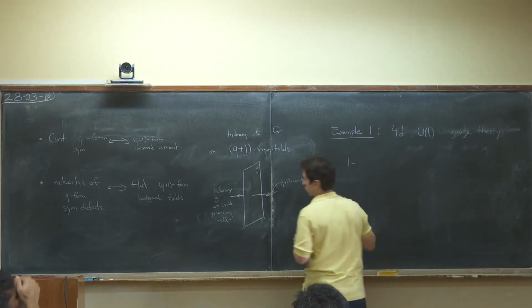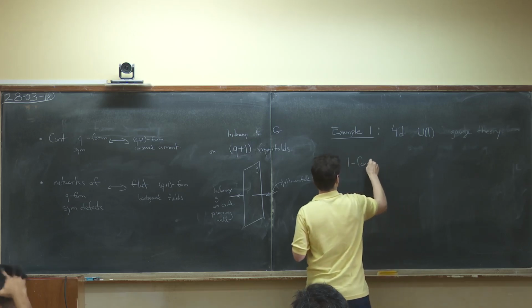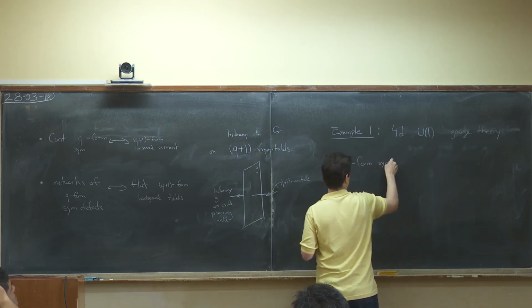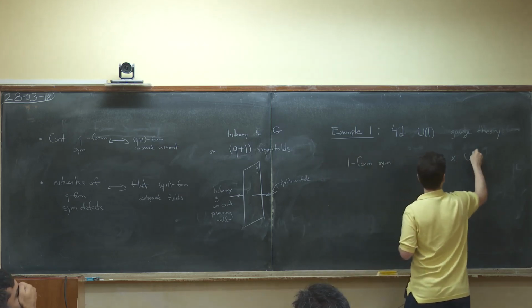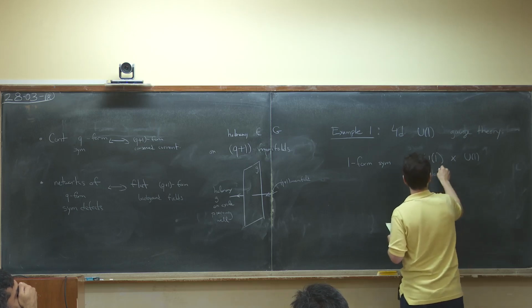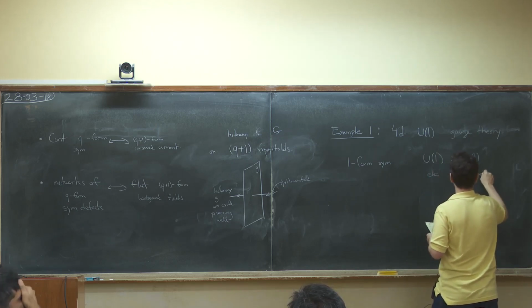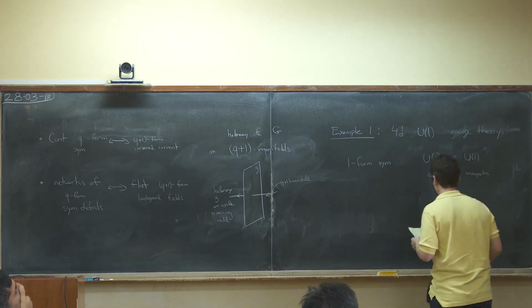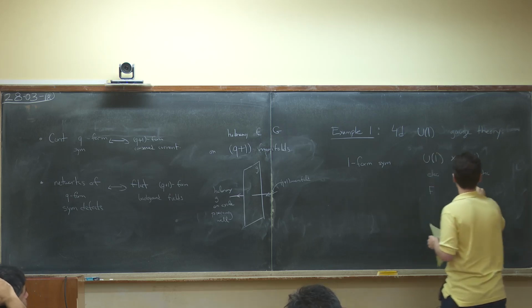There's no zero-form symmetry of this theory, but there is a one-form symmetry. And it's U(1) times U(1). You can think of one of them as being electric, and one of them as being magnetic. So what are the currents? The currents are F and star F.